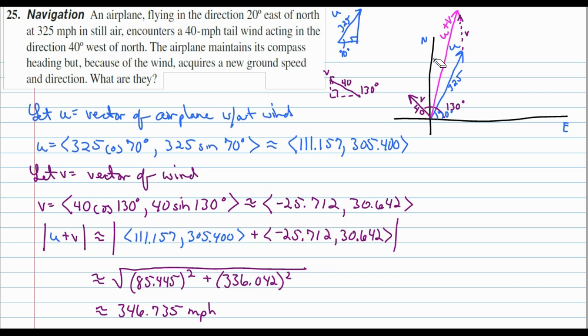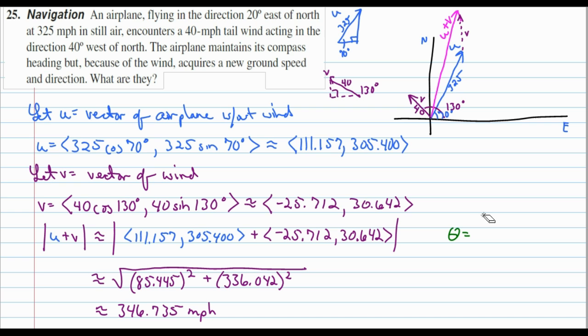And that does make sense because the vector is going somewhat in the direction of the original path of the airplane. So we are going to be increasing the magnitude of the vector when we add u plus v. In other words, the speed is going to be faster, 346 as opposed to 325.